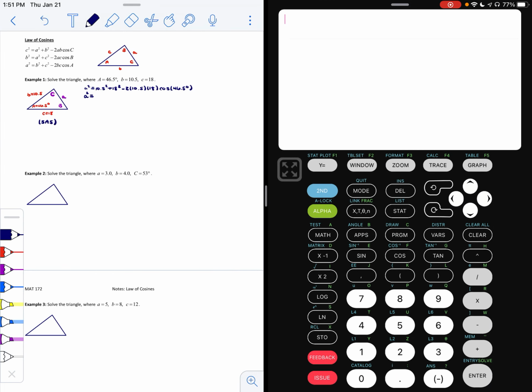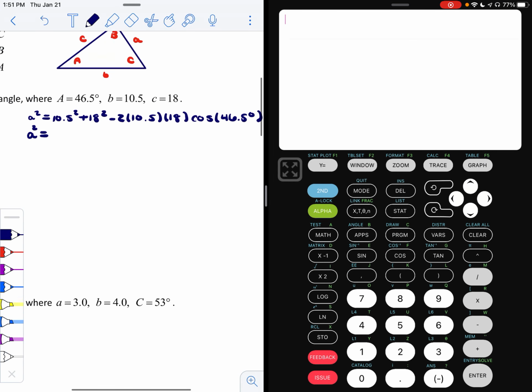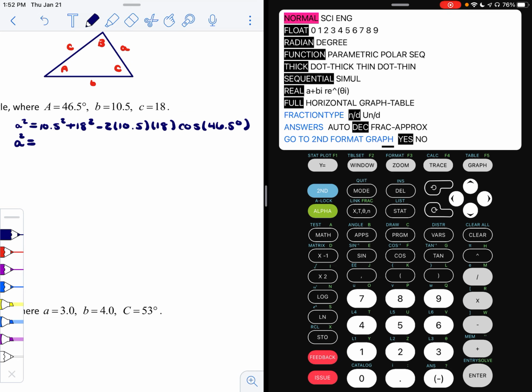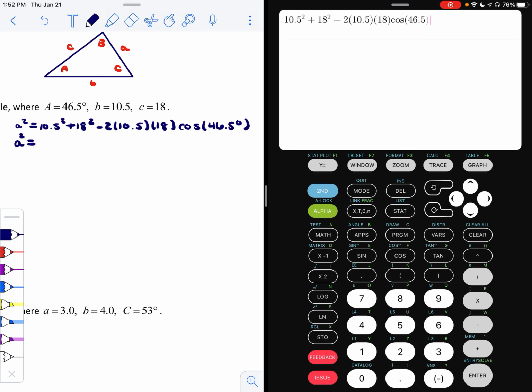Let me double check real quick that I am in degree mode, which I was not. I was in radian mode. Okay, now I'm in degree mode, and I just press enter, and that gives me my answer.